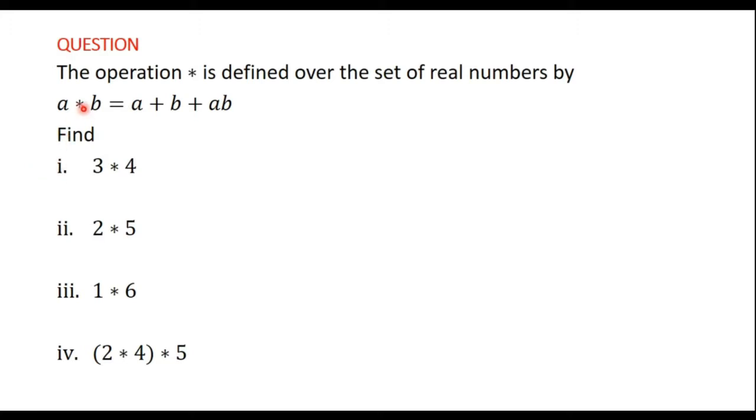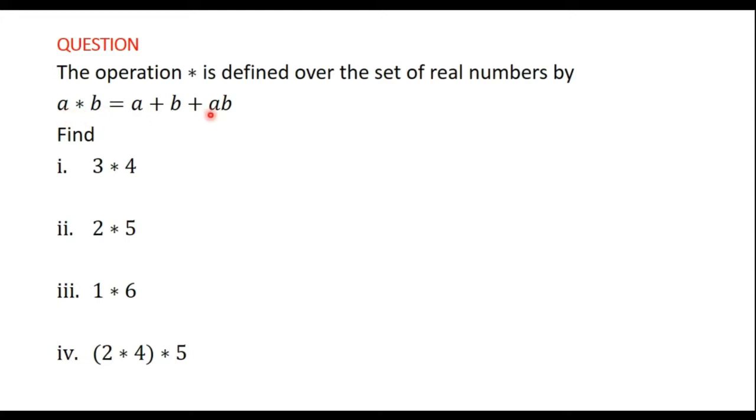So in this case, the operation star has been defined so that a star b means that you must add the first value to the second one, then add it to the product of the two values, or add it to the result after you've multiplied the two values. Star is a binary operation because it is combining two numbers or two values to give us a result.